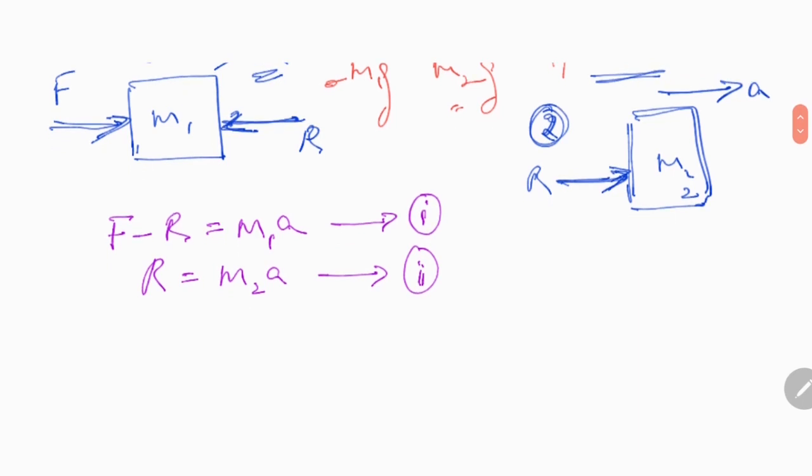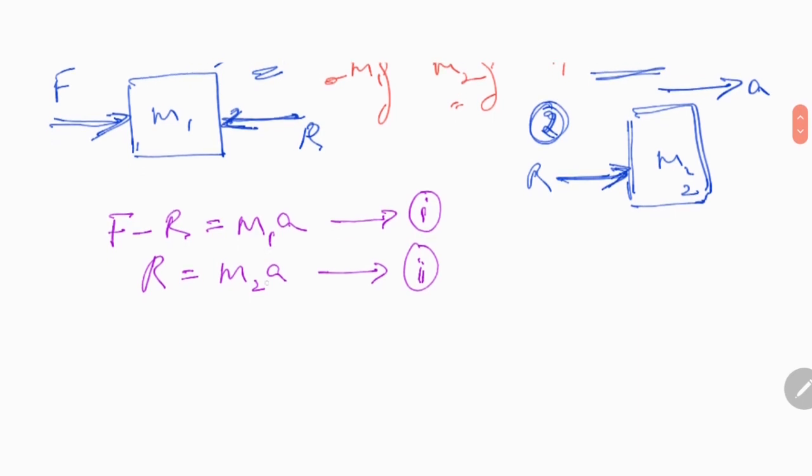Now what we can do is, if we substitute the values here, suppose we have to find out the value of, let's say, the value of a. So I can substitute the value of R here.